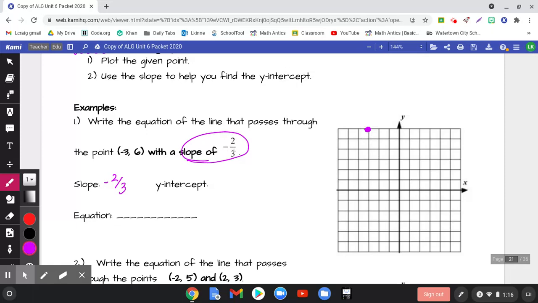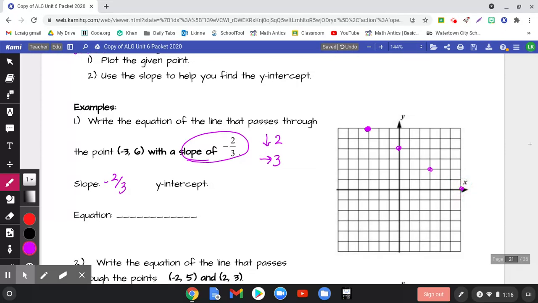Now, our slope is -2/3. So remember, what that means is you're going to go down 2 over 3. So if I go down 2 over 3, there's my next point. Down 2 over 3, down 2 over 3.